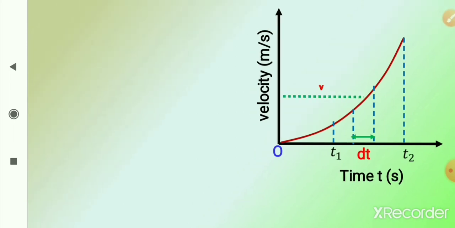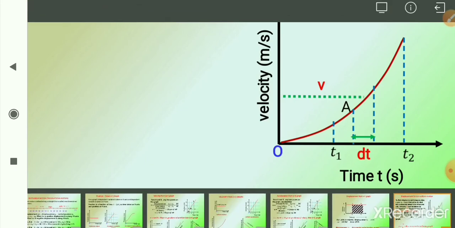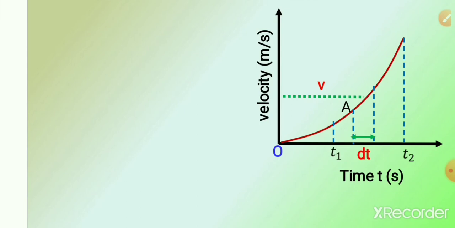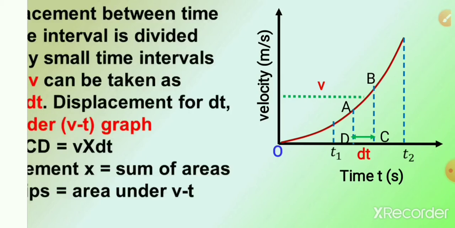So the velocity, and see, let me mark these points as A, B, C and D, right. So we have got this quadrilateral ABCD which is almost like a rectangle because points A and B are very close and dt, time interval dt, is approaching 0, extremely small.